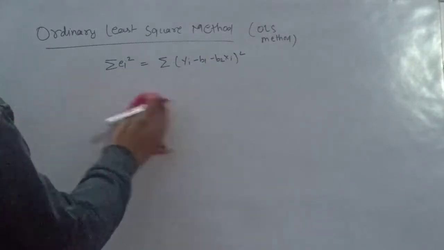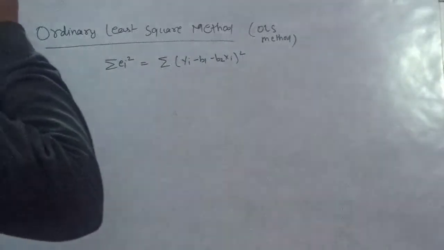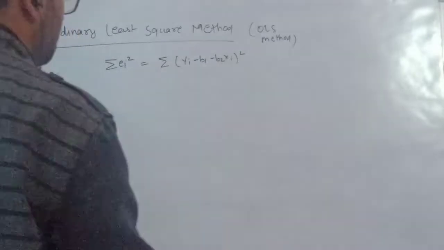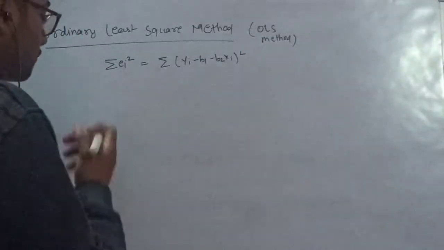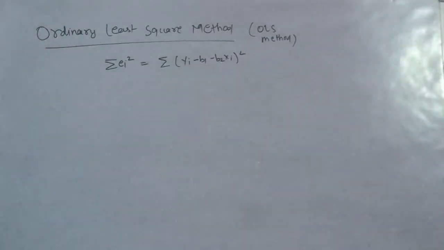Now we have to minimize it. So we will differentiate it with respect to b1 and b2. We have to find the b1 and b2 values such that the summation of ei square is minimized.